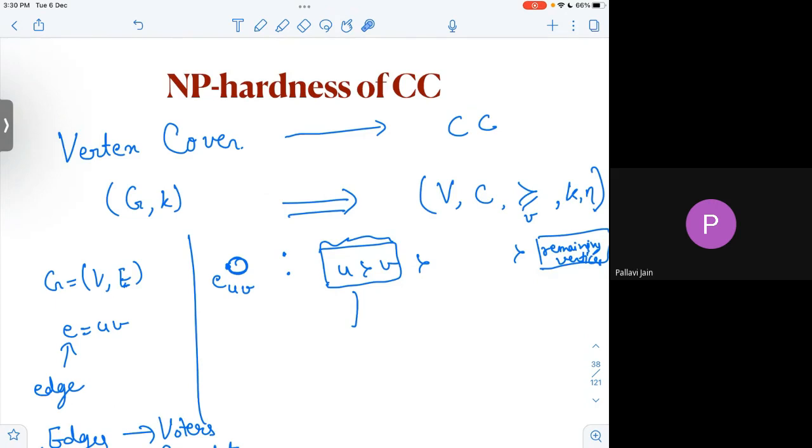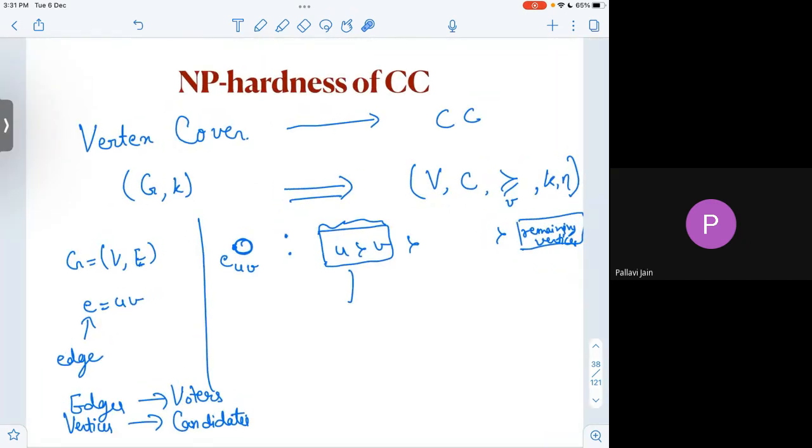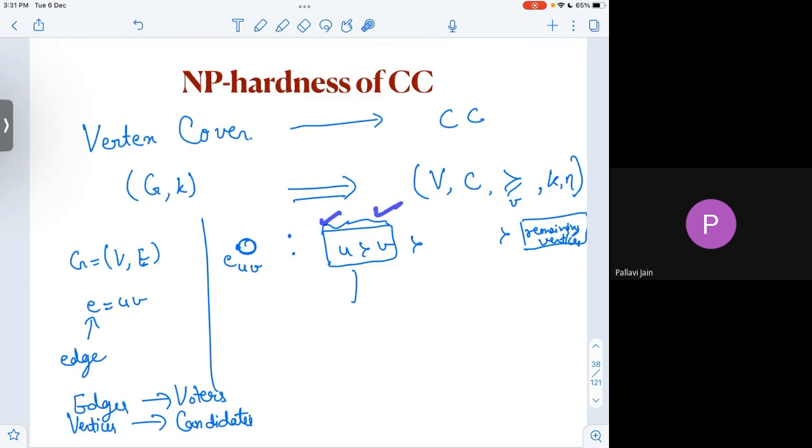Okay, but what may happen is that I cannot enforce that this will be in the solution. All I can say is something from here will be in the solution. Now here, for now, let's say I have n number of candidates. So what is the position of this 1 and 2?